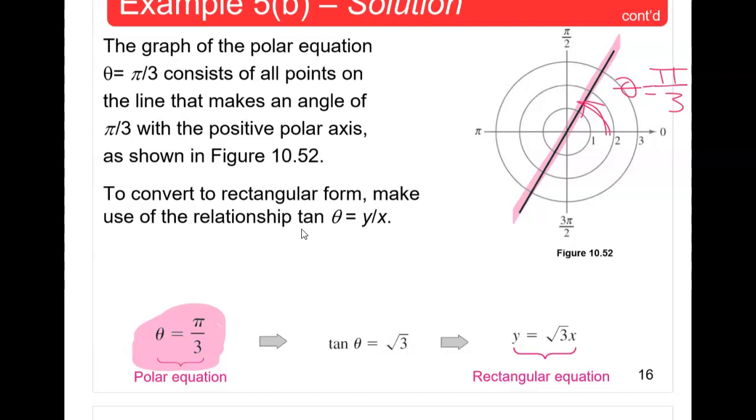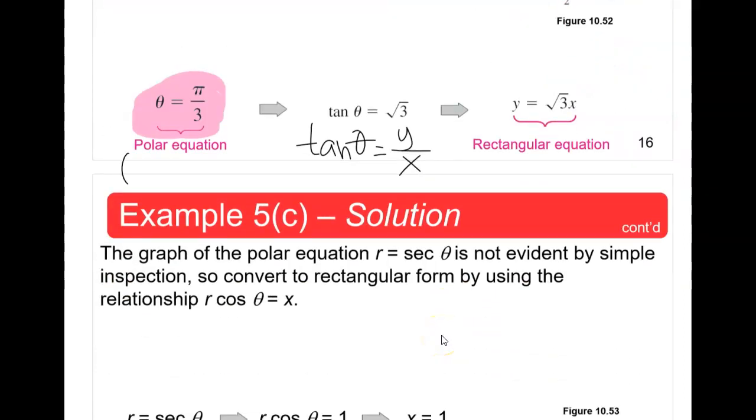Now, how could we find the equation of that line? The formula that we had before, tangent of theta is equal to y over x, is going to come in very handy here. Of course, we were using it to find theta, so it was more like theta is equal to tangent inverse of y over x, something like that, right?